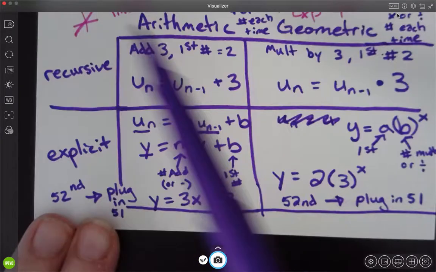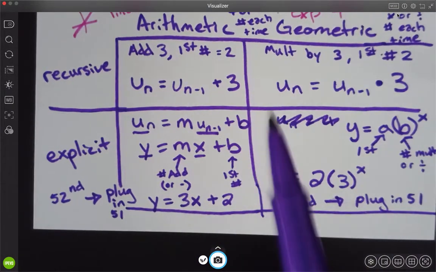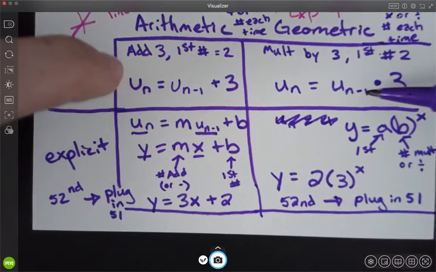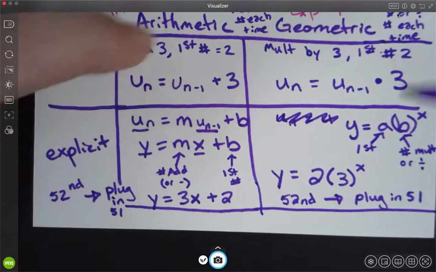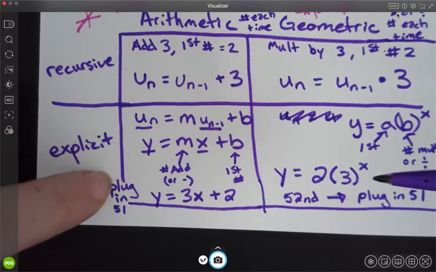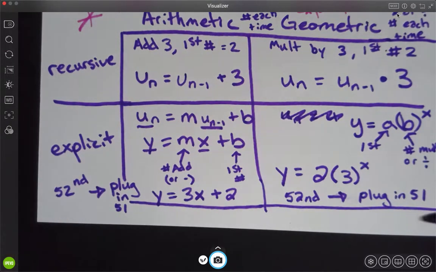So there are 4 different kinds of formulas. Again, these top 2, the recursive formulas, are not taking into consideration what the first term is. With this one, I can plug any number in and get the 52nd term or the 117th term or whatever.